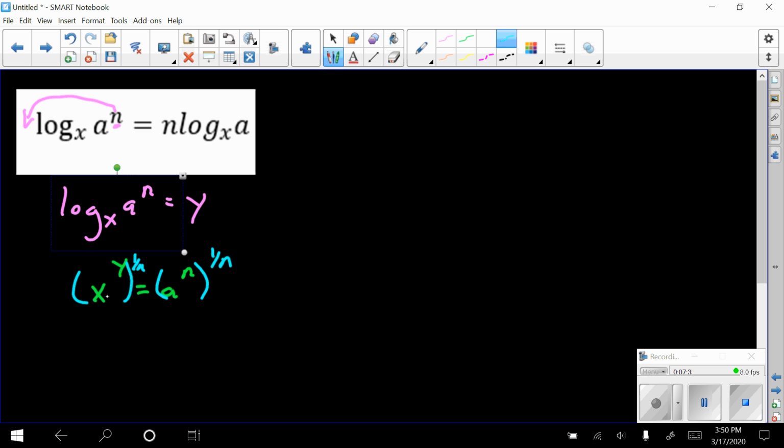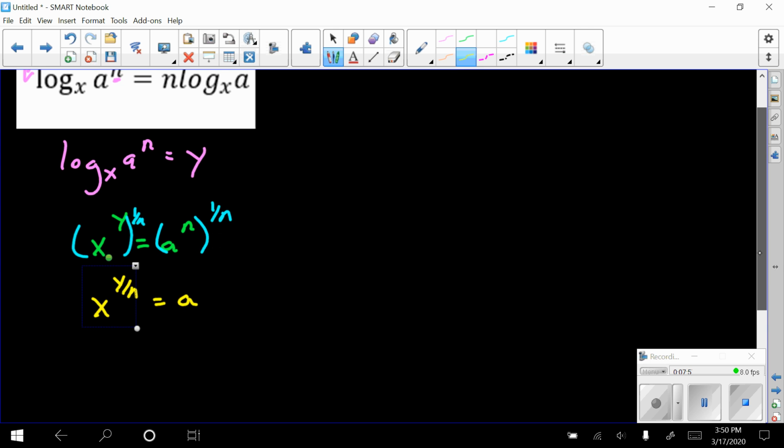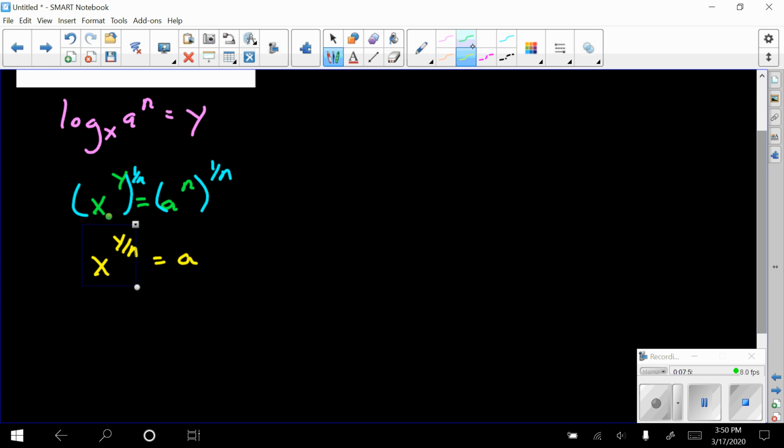So when I do that, I'm going to get x to the y over n equals just a, or a to the first. n times 1 over n is 1, just like 2 times a half is 1. Means the same thing. And now we're going to convert it back into logarithms.